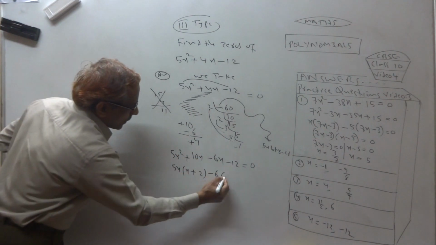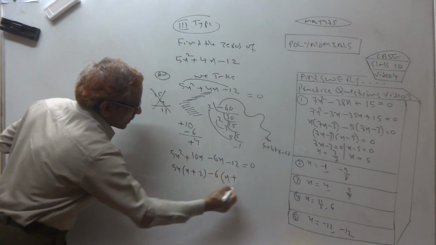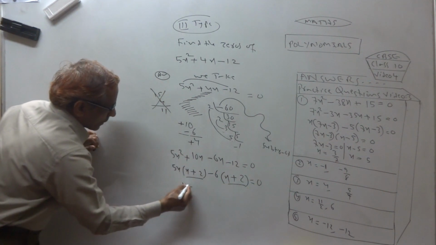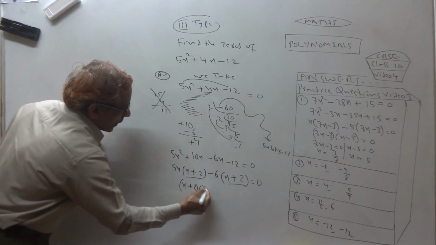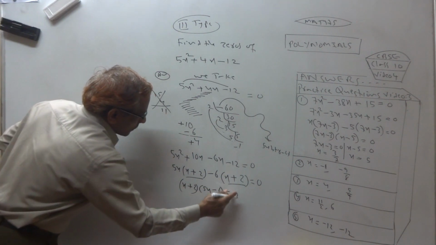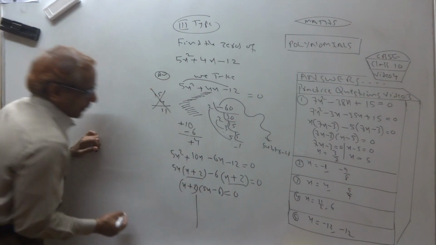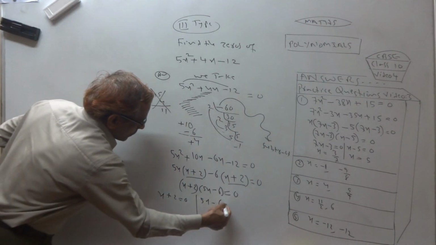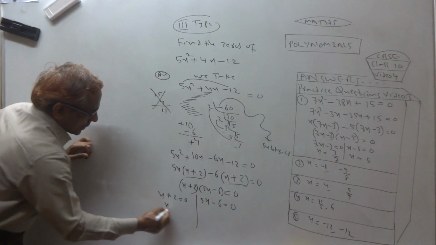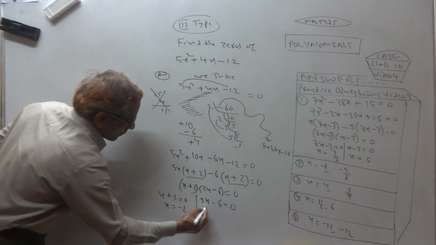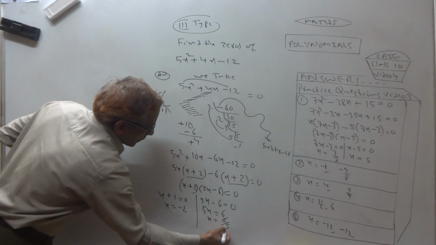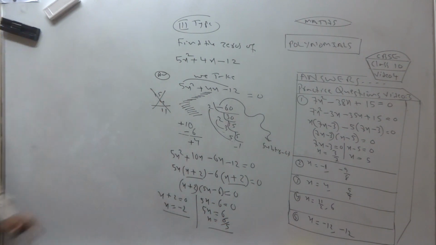Here 6 common, minus minus plus, 6 2s are 12. This is one factor, 5x minus 6 is the second factor. We separate, this is 0, this is 0, so x is equal to minus 2, and x is equal to 6 by 5. Finished. So we got the answers.